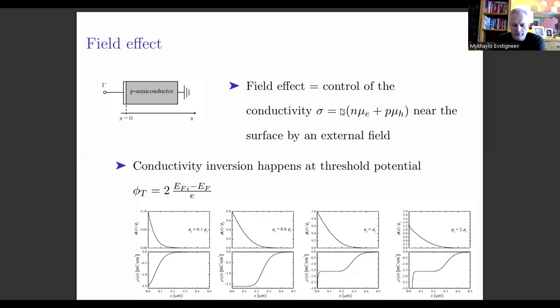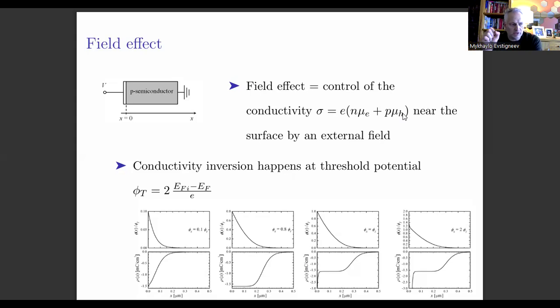It is the product of the elementary charge times the electron concentration multiplied with electron mobility plus hole concentration multiplied with hole mobility. So by adjusting the surface potential, you can control the value of the surface conductivity.